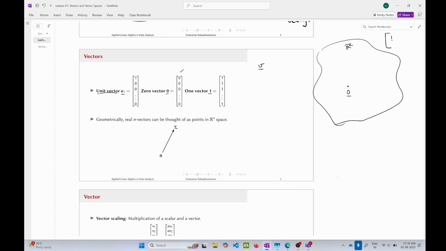For example, maybe 1, 0, one of the unit vectors, could be this. 0, 1 could be this. If you say 2, minus 4, that could be this, so on and so forth.